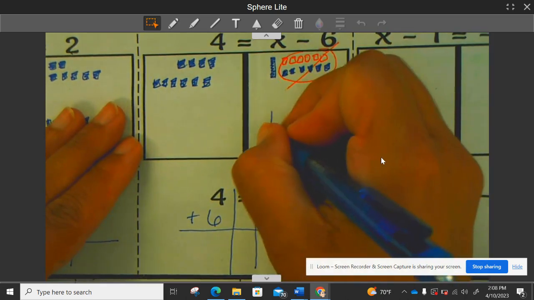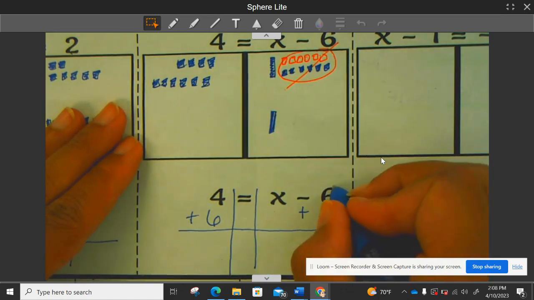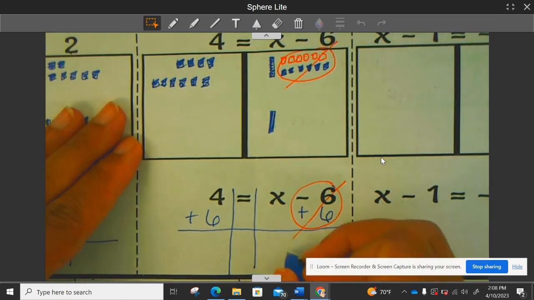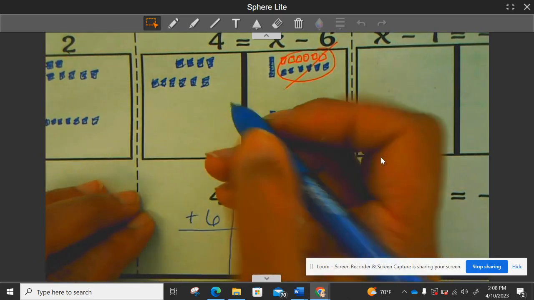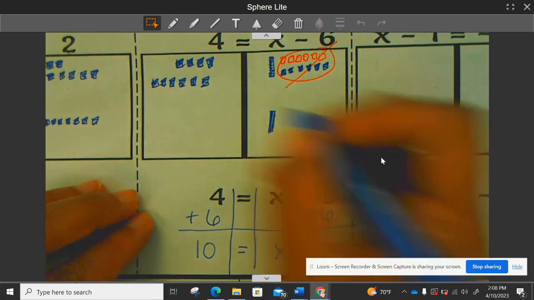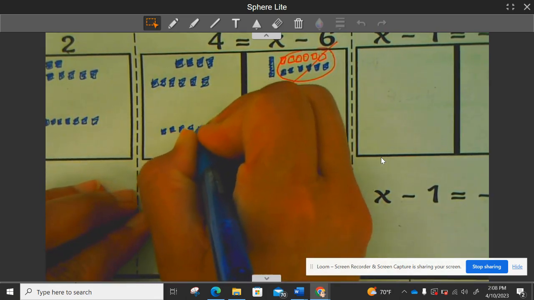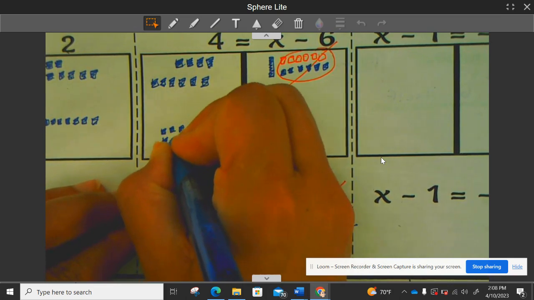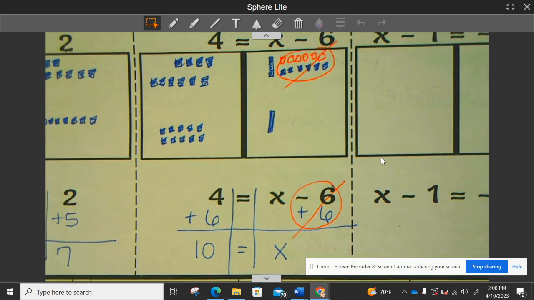So the x got isolated. And now I just do the math. 4 plus 6 is 10. Just like that.